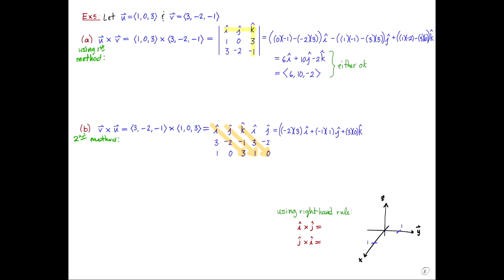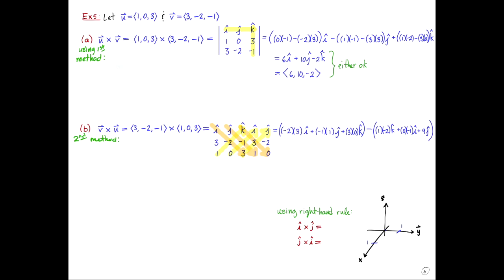This is the sum of the product of our down diagonals, and from that we want to subtract the sum of the product of our up diagonals. Our first up diagonal, we have 1 times -2 times k, plus 0 times -1 times I, plus 3 times 3, which I'll just write as 9j.